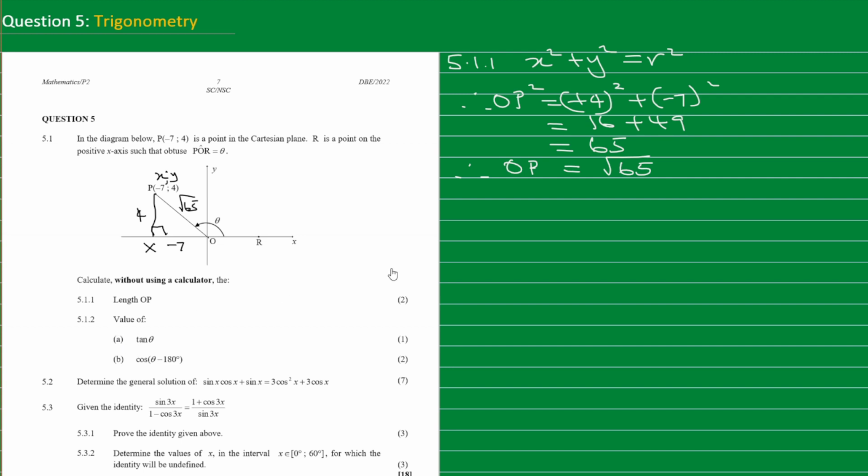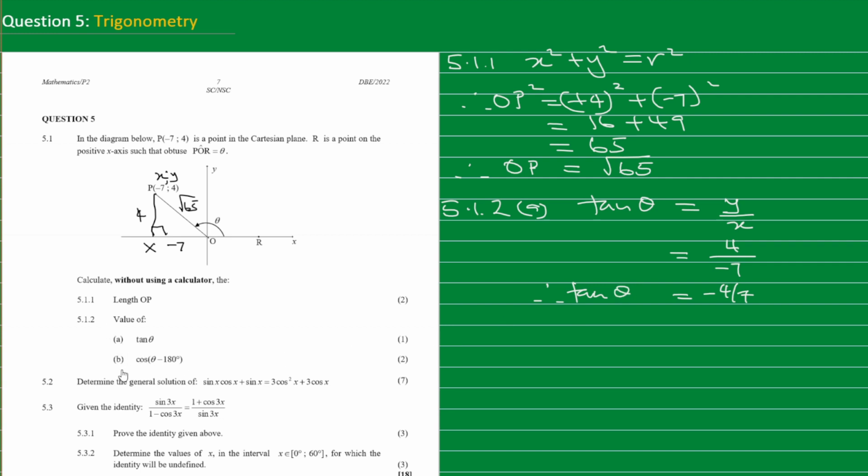Now we know from the definition of tan, tan theta is defined as y over x, the y value over the x value. So in this case, the y value is 4 over the x value is -7. So we can write this as -4/7. That is the value of tan theta.